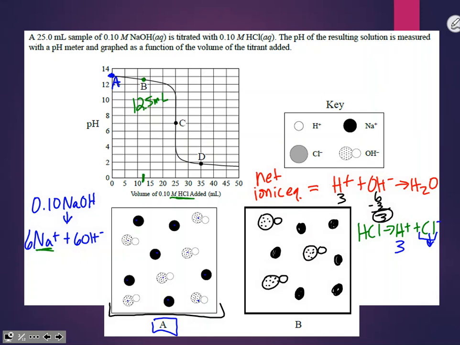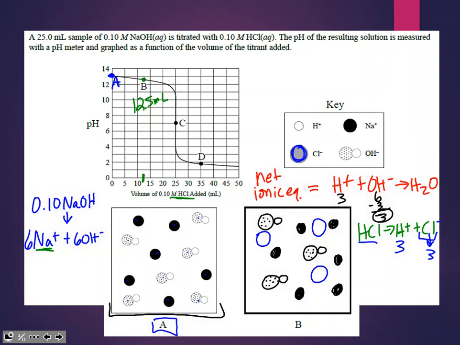We would have to have 3, because for every H we add, we add a Cl. Now I'm going to use blue for the Cl, like so, because I can't really shade mine gray. The 3 hydrogens, remember, neutralized the 3 hydroxides and formed the water. So those aren't in there.